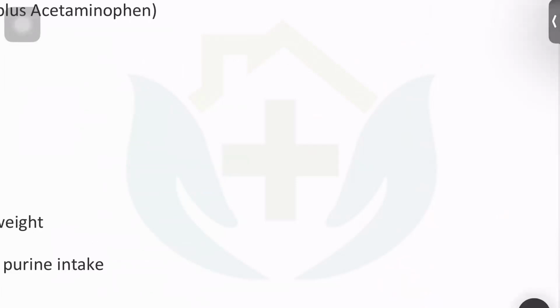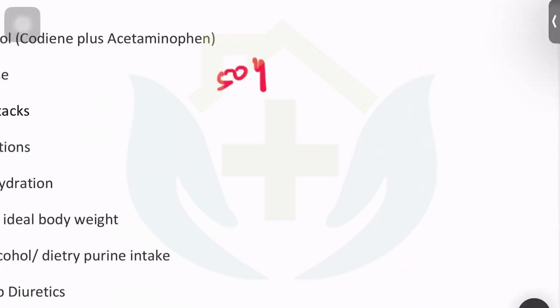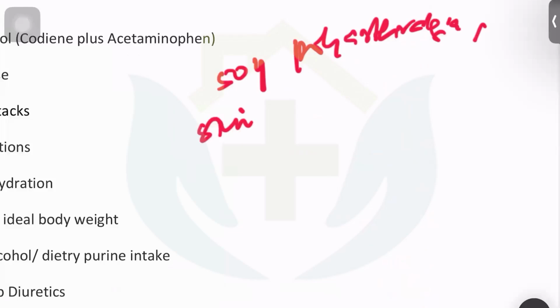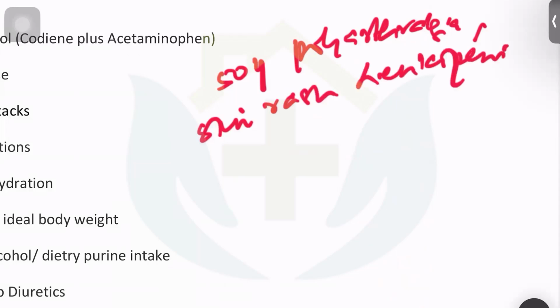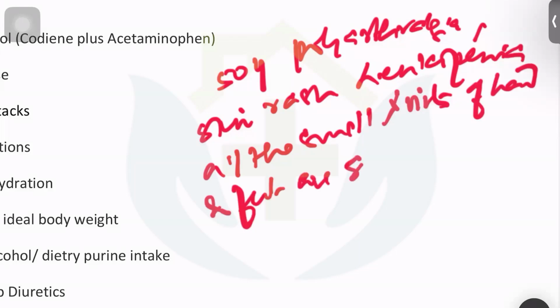So, usually the question comes like this, that there is a 50-year-old female coming with polyarthralgia, skin rash, leukopenia, all the small joints of hand and feet are swollen and tender.